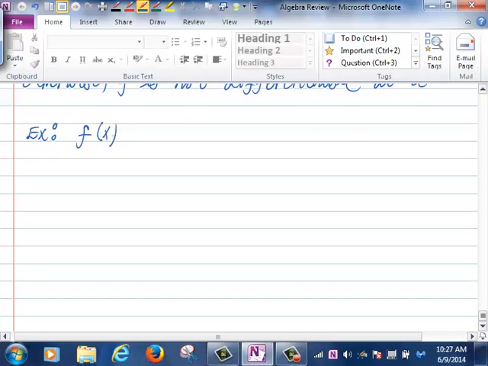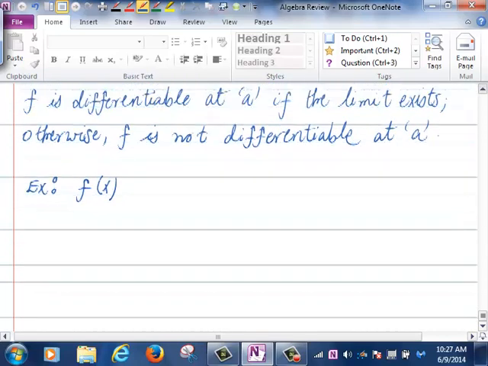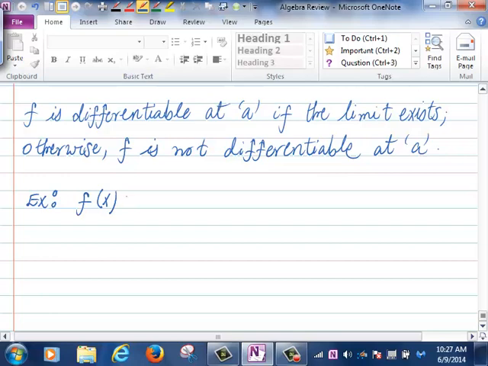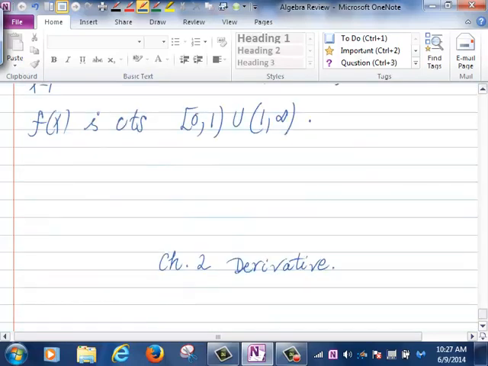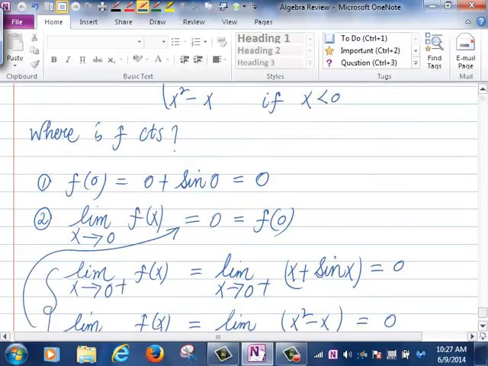Let's say f of x is given by the function x squared, and then I want to find f prime of, let's say, the number 2. F prime is the derivative at a.